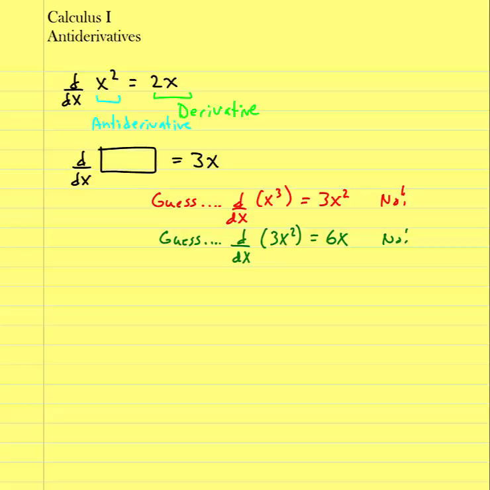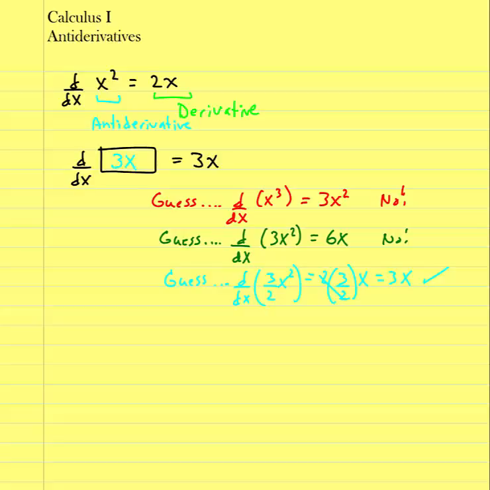So again, we're just going through this with the process of elimination, trying to come up with the correct antiderivative. So I think it's going to be 3/2 x squared. When I bring the 2 down and decrease my exponent by 1, the 2's cancel and I'm left with 3x, and this checks. So my antiderivative right here was 3/2 x squared.